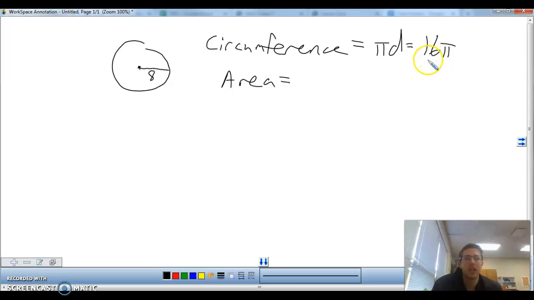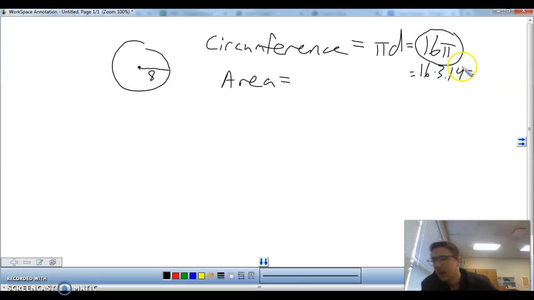Or pi times 16. Now, if they tell you to leave your answer in terms of pi, meaning like you're not going to have a calculator sometimes, they'll just say leave your answer in terms of pi. This is your answer, okay, just 16 pi. If they tell you to use 3.14 for pi and multiply it out, then you just take 16 times 3.14, and you get 50.24.